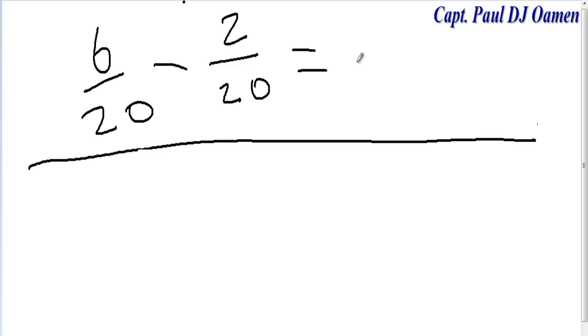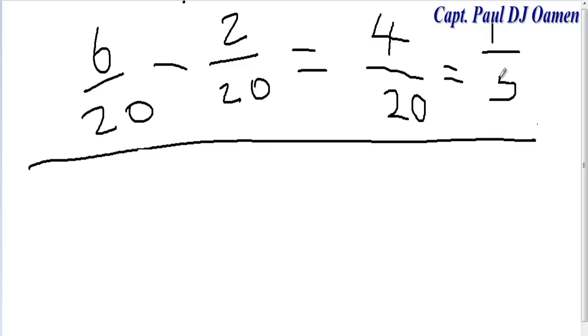Just like we did in the addition, we can always just subtract this from this, so that becomes 4 over 20. Of course, you might be asked to simplify this, and that means 4 goes in 4, 1, and 4 goes in 20, that goes in 5 times.